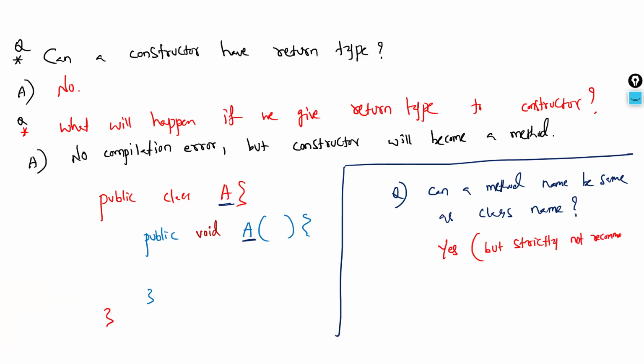What's the reason? The class name is specifically allotted to constructor, not for methods to use. Then if method name is A, constructor name also A, how do you call? Then there is ambiguity. That's the reason it is syntactically yes, but strictly not recommended. Am I clear with all these properties? Then we'll go to Eclipse and we'll see all these points.